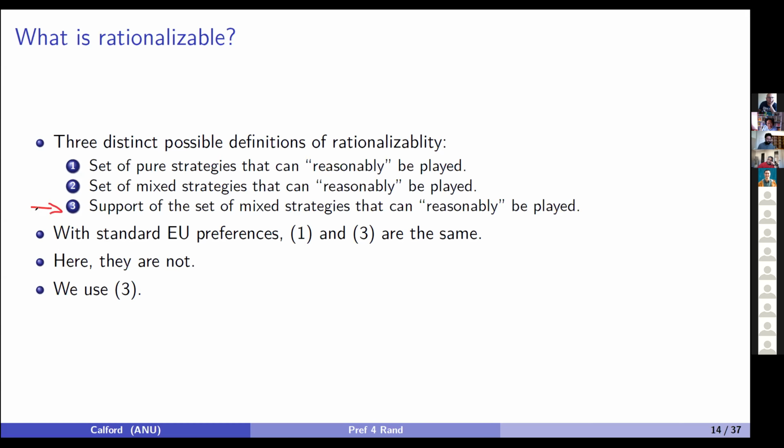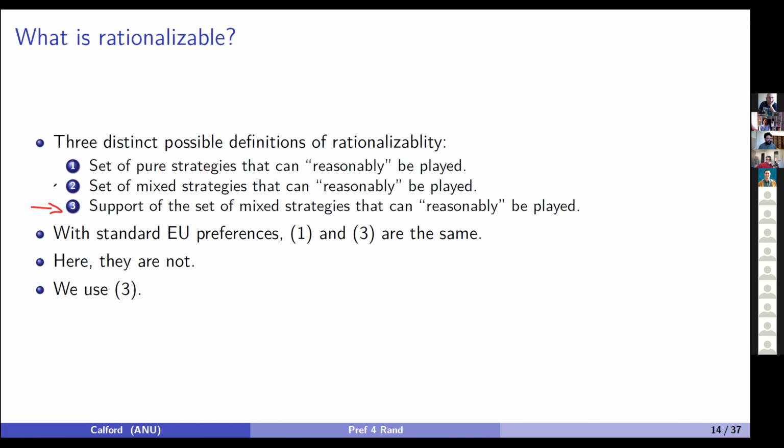The reason for this is the underlying intuition of why we want a notion of rationalizability. I think that if we have an outside observer watching a game, we want to ask, well, what things might that observer see?